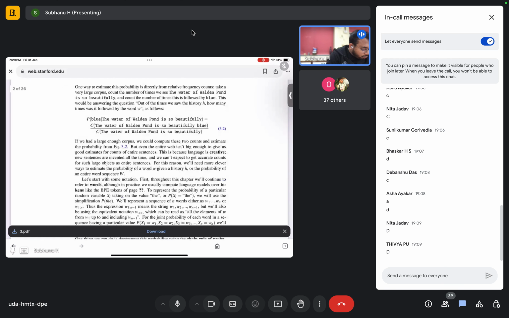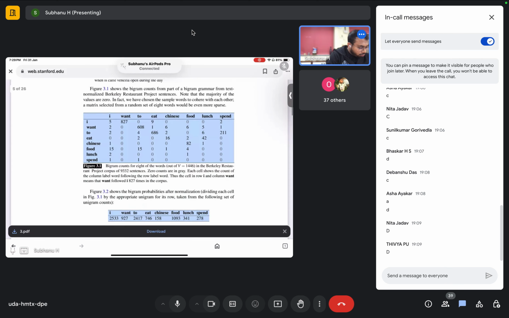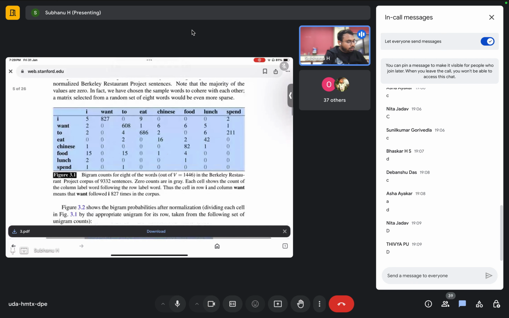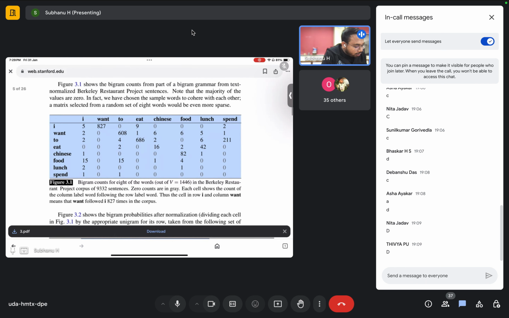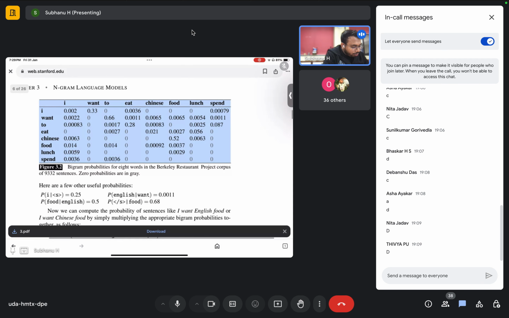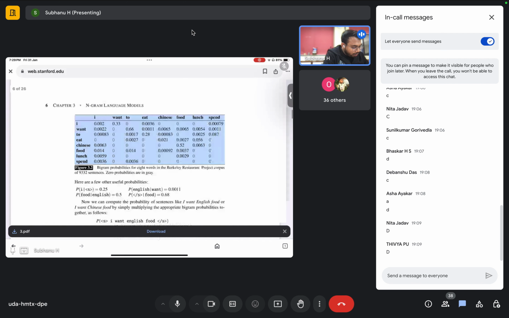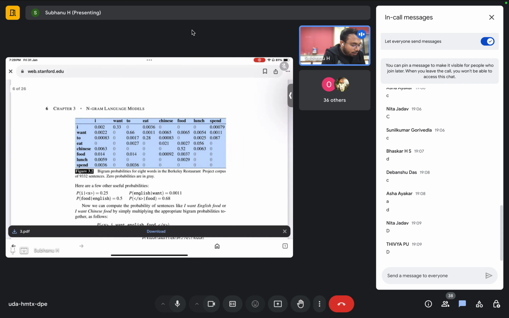You can see my screen. This is the example I was showing you. Here you can see that many of the entries are 0, and when you calculate the bigram probabilities of the words, it comes out like this.